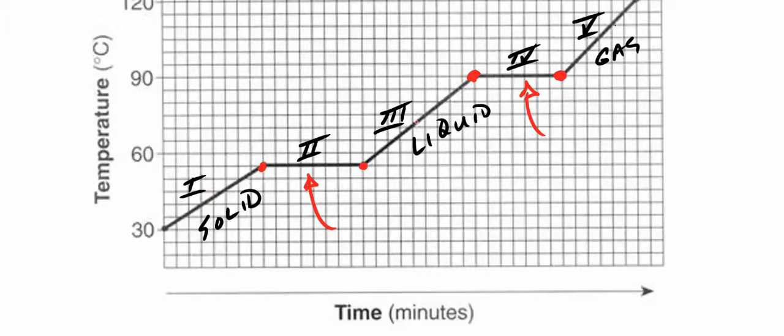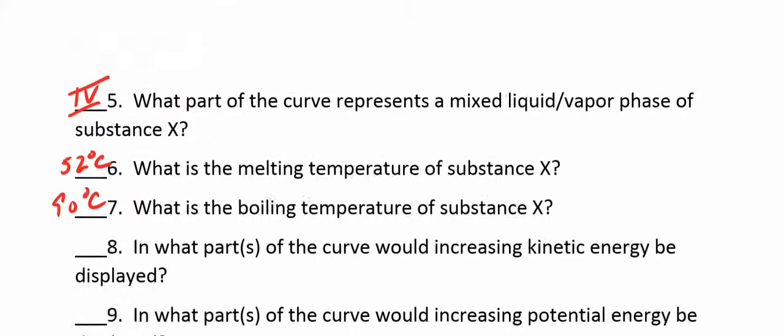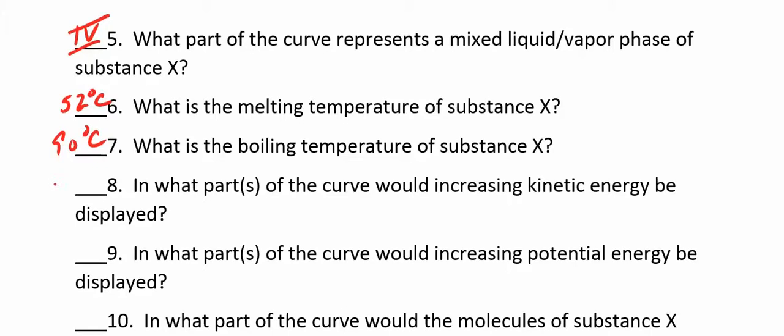Here in Roman numeral 3, the same thing. This time, on average, they're more energetic, moving around a lot more, and they become even more energetic as you move from left to right. And the gas, of course, is the same thing. So that would be Roman numerals 1, 3, and 5. We are increasing the kinetic energy. So we'll put that in. So 1, 3, and 5, we're increasing kinetic energy.